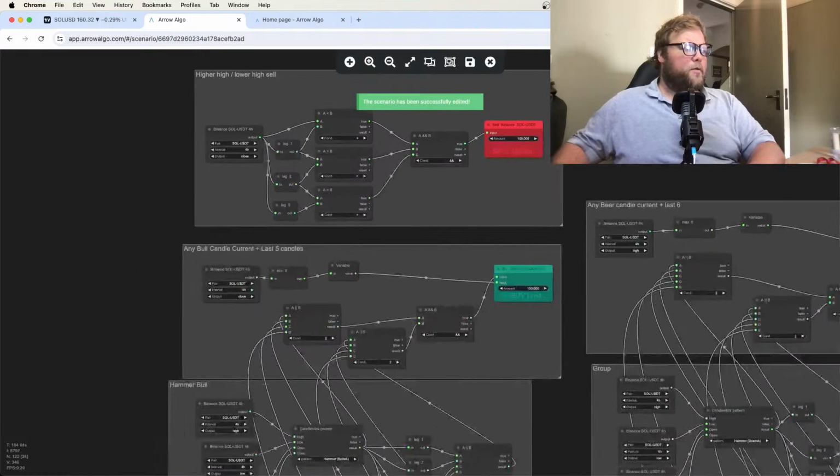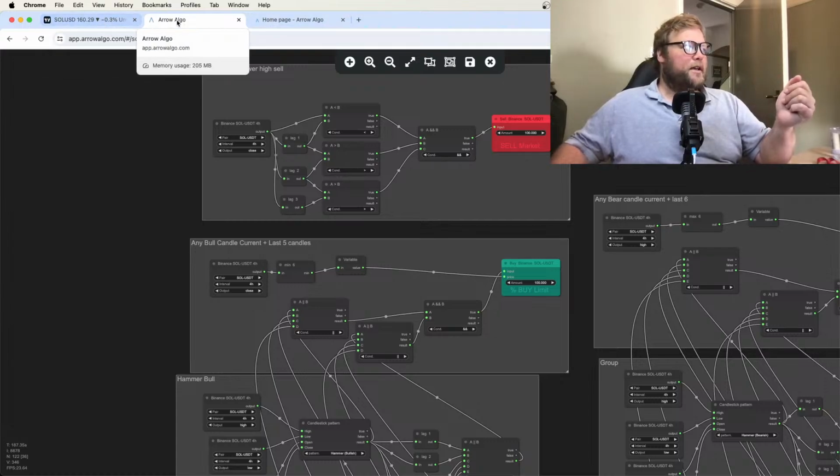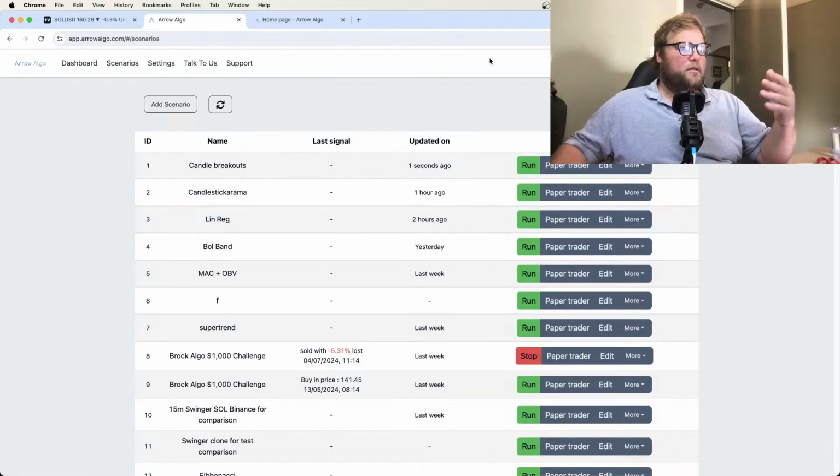So it's a good point to note, though, that we can look at different currencies within the same strategy if we wanted to compare the price of Bitcoin or Solana. Or I know people like to look at Bitcoin dominance as an indicator. You can compare different coins or different exchanges within the same strategies.